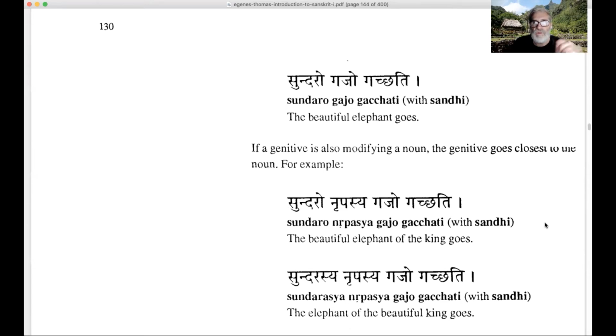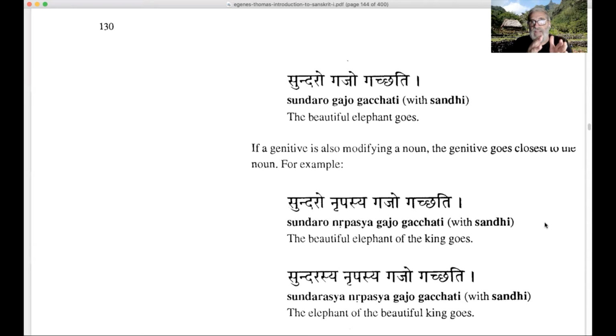Now, sundaraha, it has to be given the same ending as gajo. Right? It has to be given a nominative, singular, masculine ending. So we don't say Sundari, we don't say Sundaraya, we say Sundaraha, Gajaha, Gachati, right?